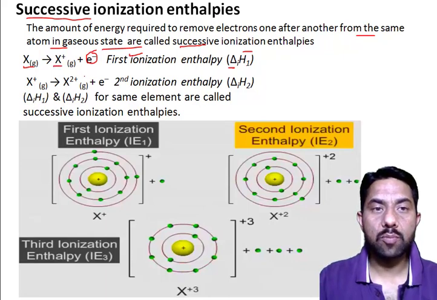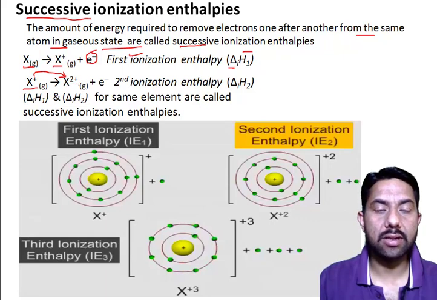Now this X positive, which is formed in the first step, when another electron is removed in the gaseous state, becomes X2 positive. The positive charge increases continuously as electrons are removed, and one more electron is lost by this species.